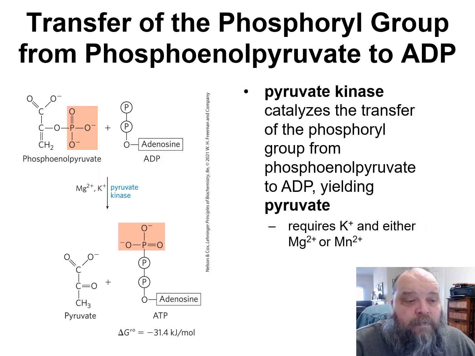More substrate level phosphorylation. Taking this phosphoenolpyruvate, pyruvate kinase is taking the phosphate off, adding it to ADP, yielding ATP and pyruvate. And here is that reaction. We've talked about this last chapter with negative 31.4 kilojoules per mole.